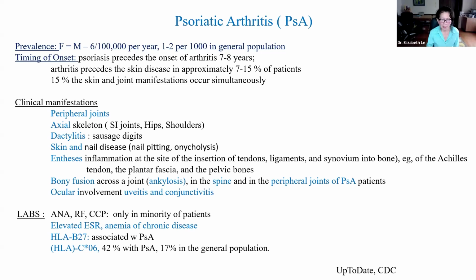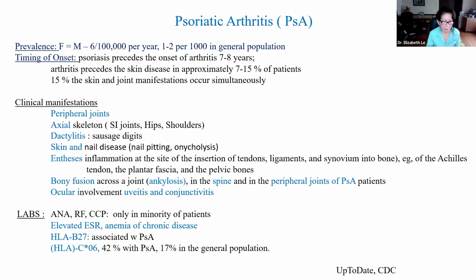This is interesting: at the site of insertion of tendons, ligaments, and synovium into bone, for example the Achilles tendon, the plantar fascia at the bottom of the foot, and the pelvic bones. Bone fusion across the joint, which is called ankylosis, of the spine and peripheral joints of psoriatic arthritis patients, and ocular involvement. This can affect the patient too: uveitis, conjunctivitis in psoriatic arthritis patients.